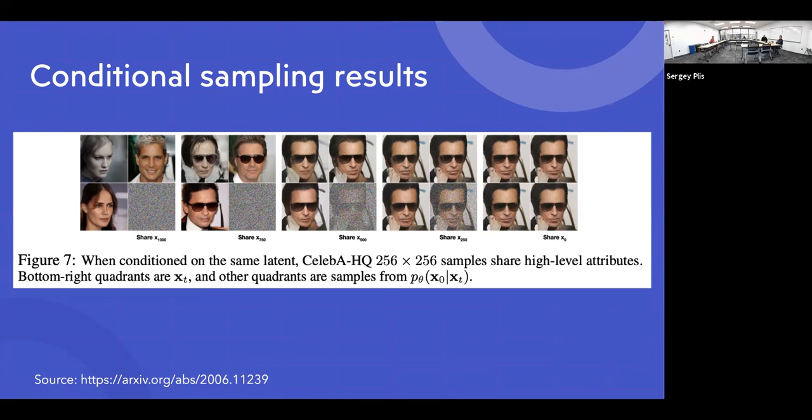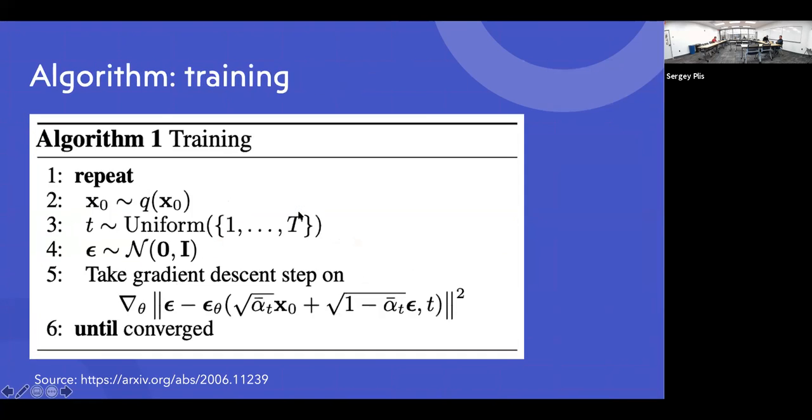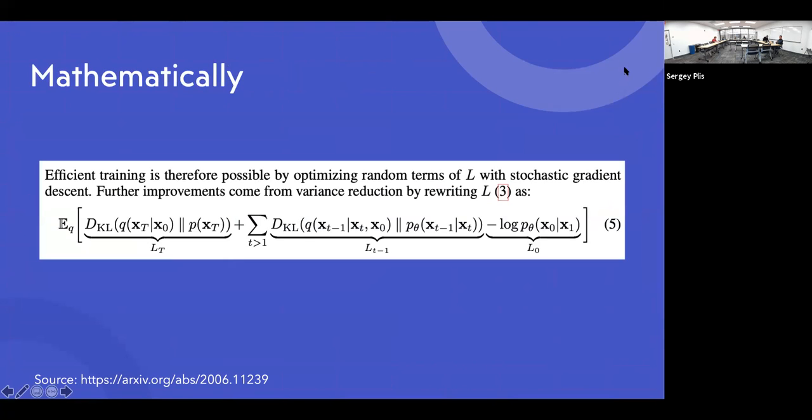It's just this term in their loss function, basically. This part is on the test set, and this is not as good as flow-based models, for example.